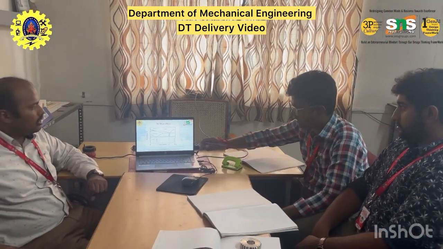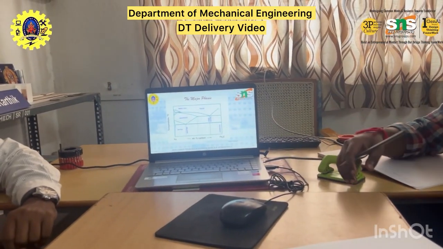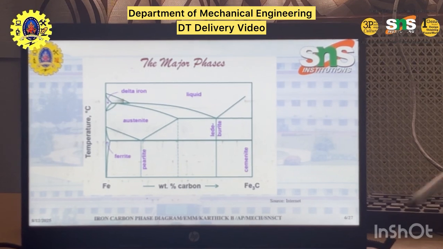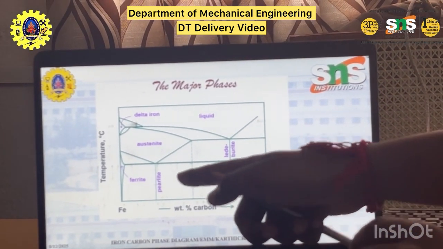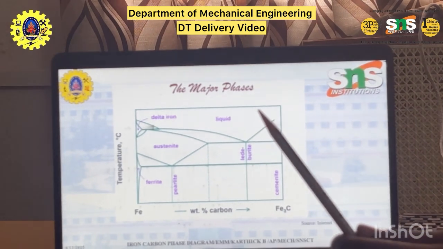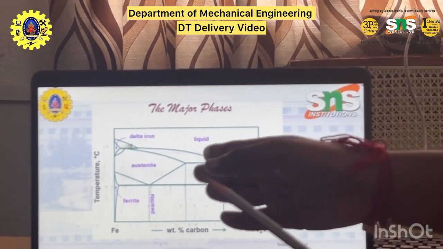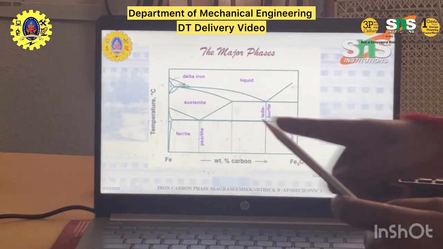Here we can see the temperature as well as the weight percentage of carbon, how it works. Fe₃C plays a major role here. Based upon the temperature and the weight percentage of carbon, the graph moves through phases like austenite, ferrite, pearlite, delta iron as well.